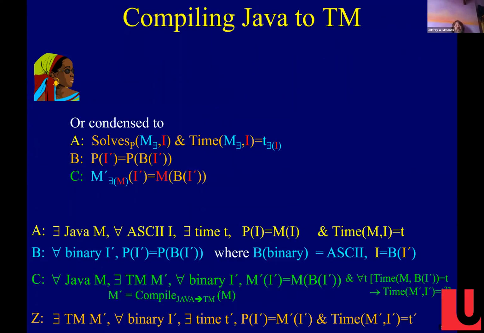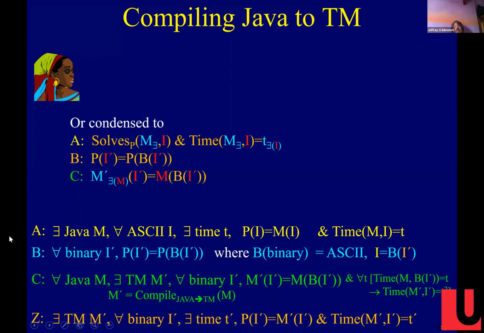All right, so what about these guys, right? The first one says there's some fixed Turing machine that no matter what the input is, it solves the problem, and the running time depends on the input, right?